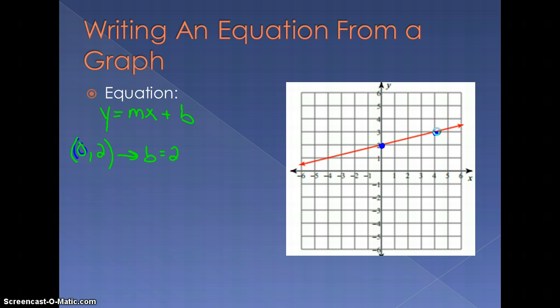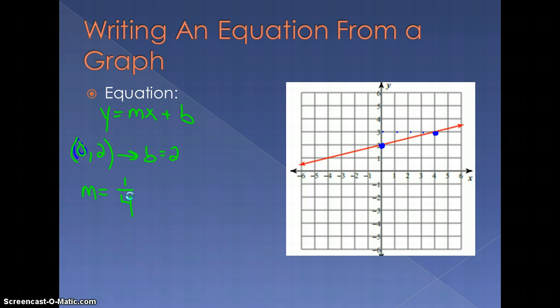The easiest way that I think to calculate the slope is to go from your point furthest to the left, so 0,2. We have to go up 1. So that's a rise of 1, and then we have to run 1, 2, 3, 4. So that's a slope of 1/4. So our m is rise 1, run 4.